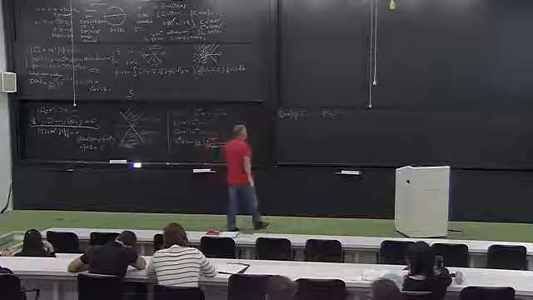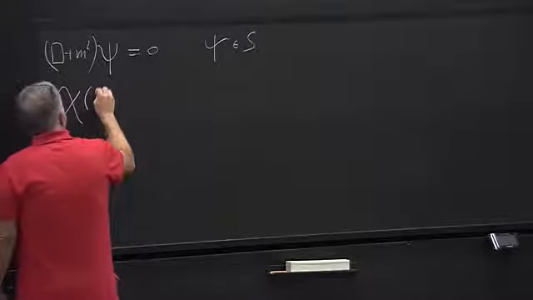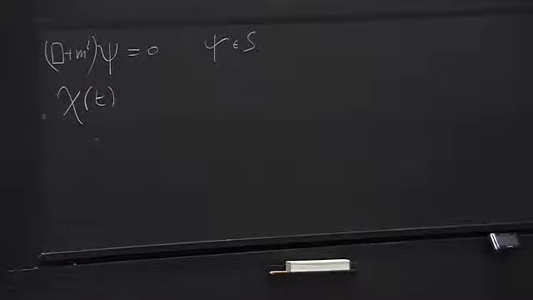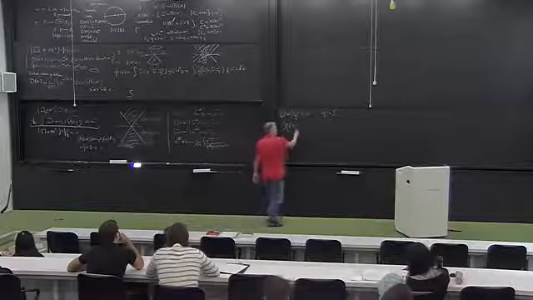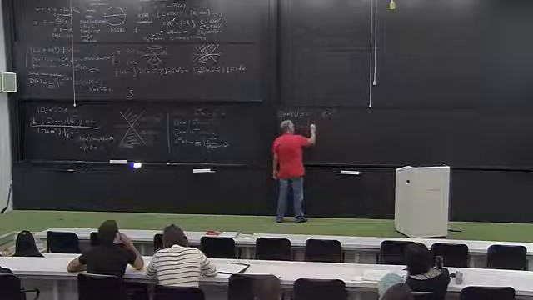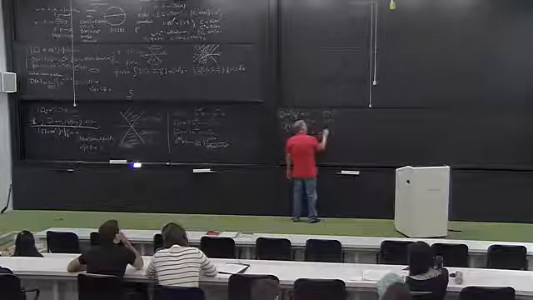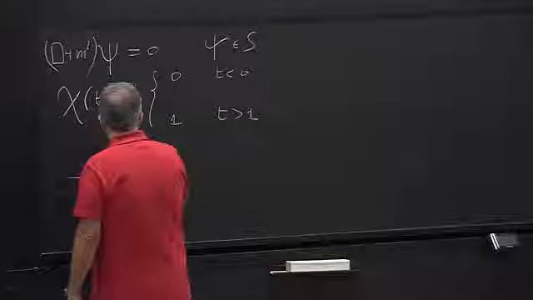And give yourself a function chi, which is some sort of smoothed out Heaviside step. It's a function which is 0 if t is less than 0, 1 if t is bigger than 1, and smooth in between.